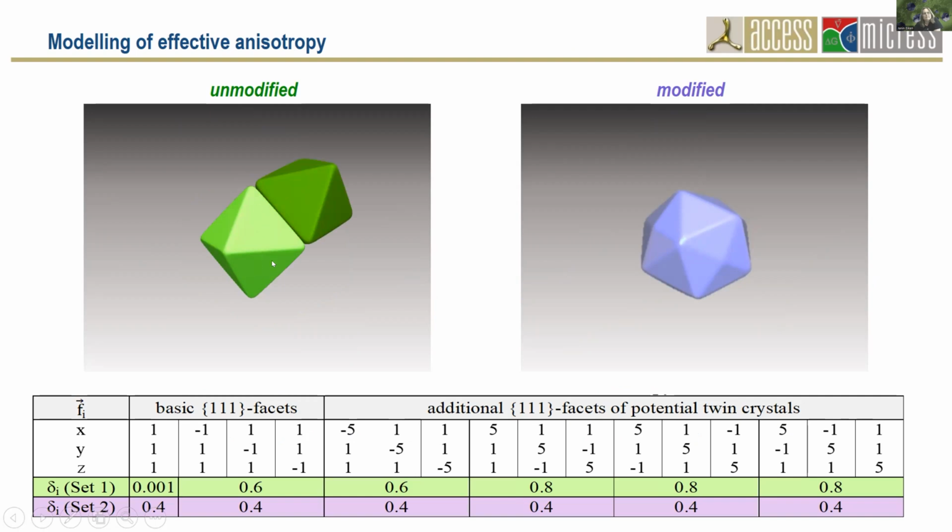But if it's unmodified, we only have a twin in one direction, and if we just combine all these facets, which are facets of one of the twins, then we end up with something like this. Or when we take all the twin facets in all directions, we end up with this one. So this was the idea behind it.